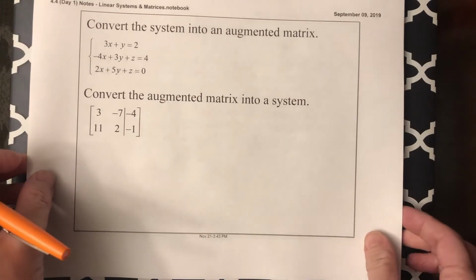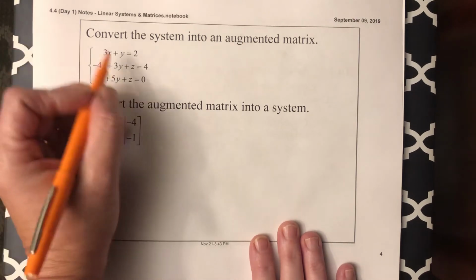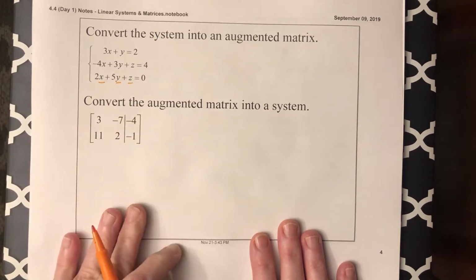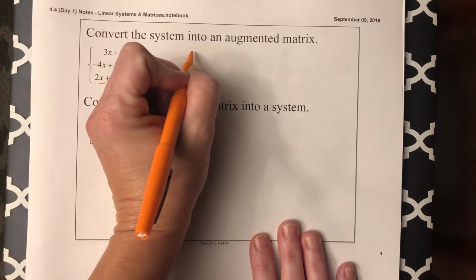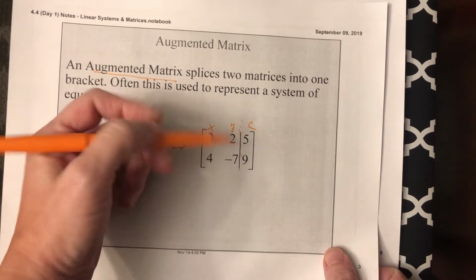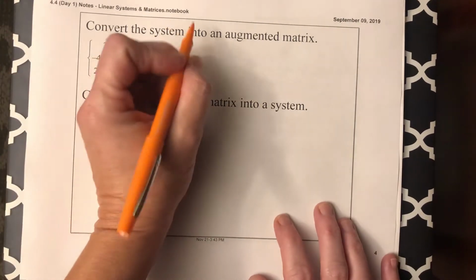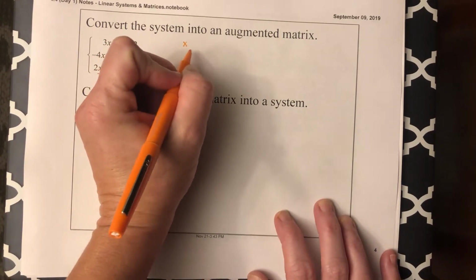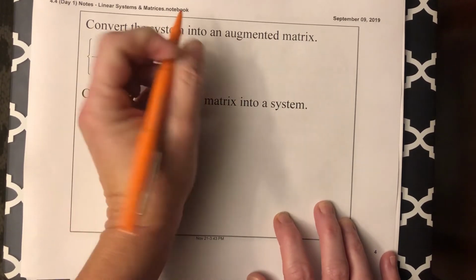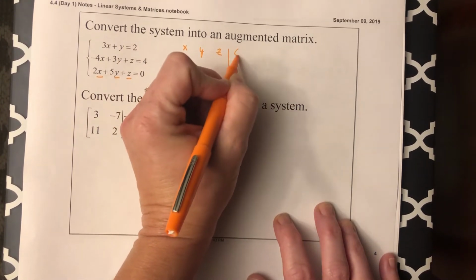Now we have a situation where we have 3 variables. Notice you don't have to list it as x, y, constant, but we're going to start off that way, even though in a book you won't see that. So we have our x column, our y column, our z column, a line, and then our constant column.